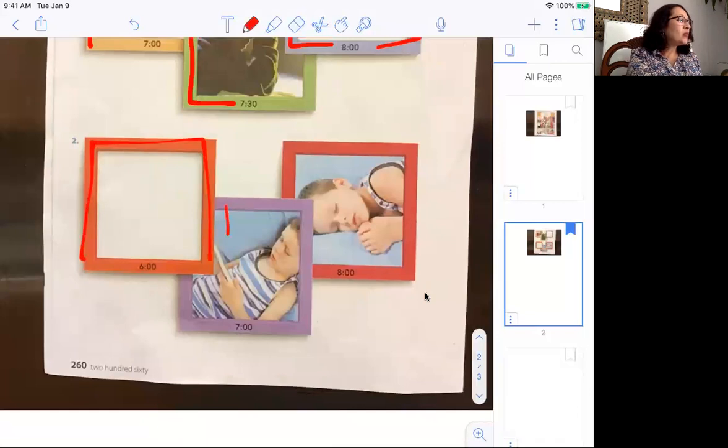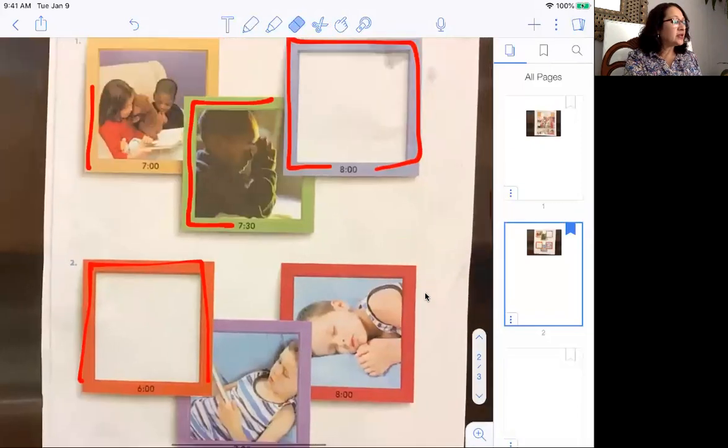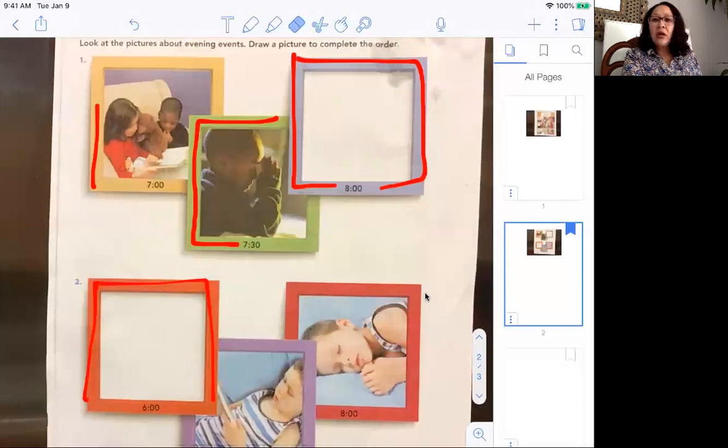So that means they want you to think about what you will be doing before you read. Okay, look at the difference. They're already reading at 7. See, they're reading at 7 o'clock. See here? And then praying, and then whatever you think would go next.